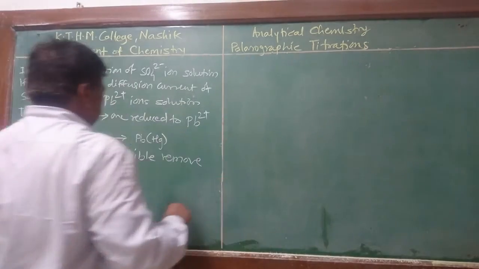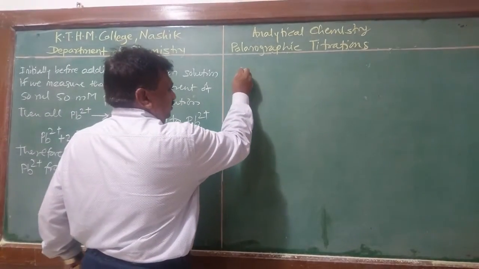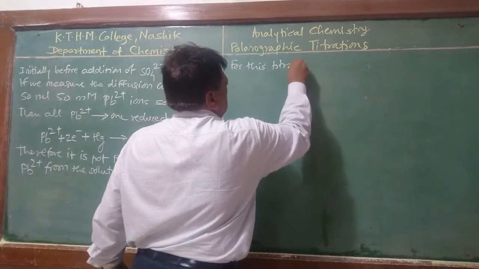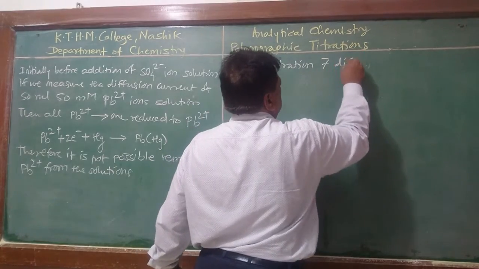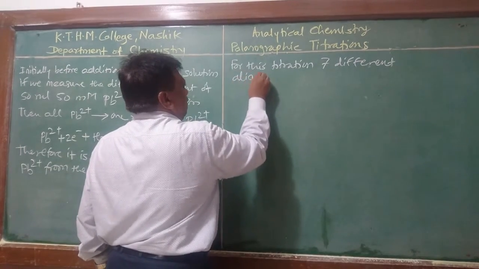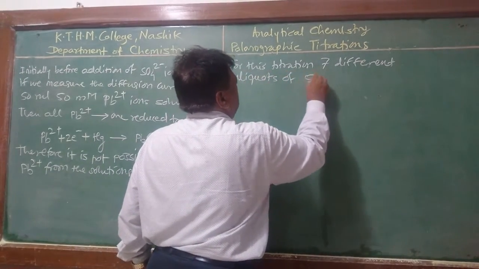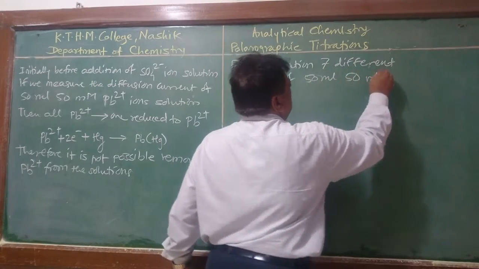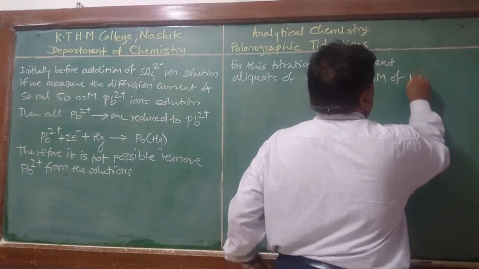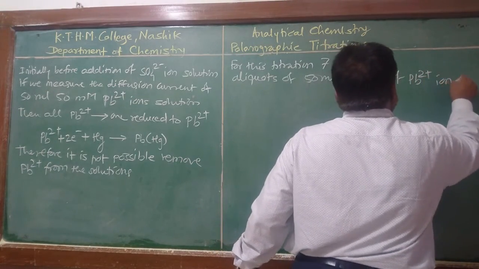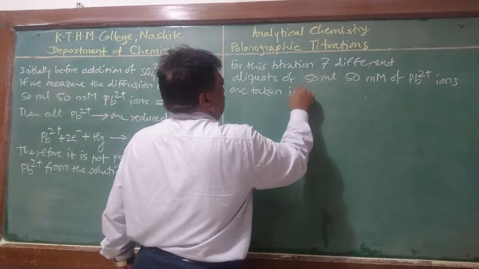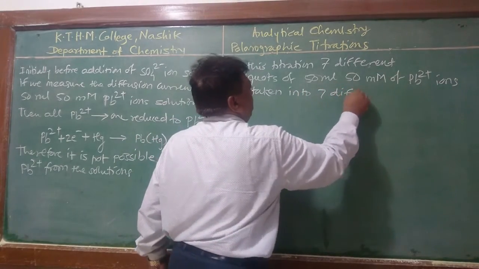Therefore, for this titration, 7 different aliquots of 50 ml, 50 millimole of lead ions are taken into 7 different beakers.